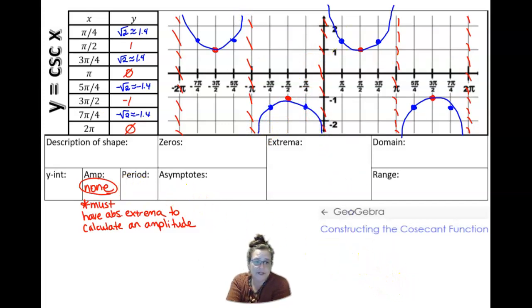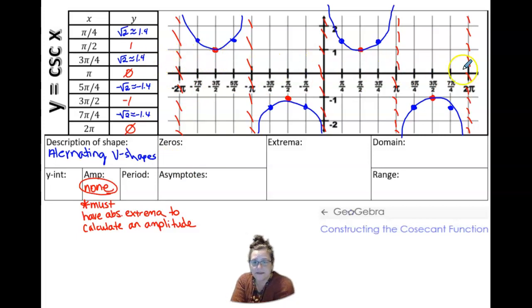So the description of this shape, these are alternating U shapes. And there are no zeros.